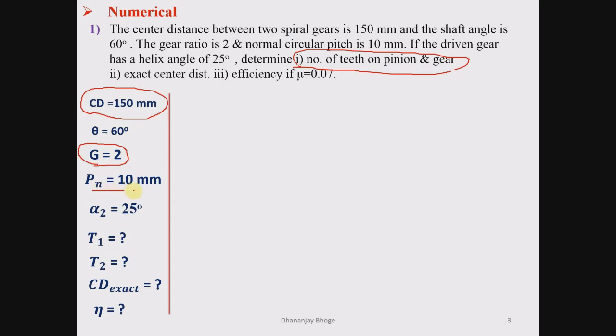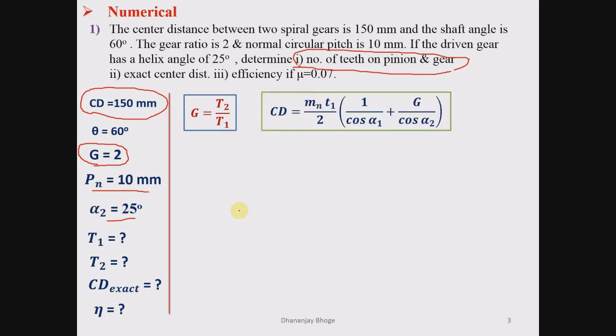Normal pitch is not in these equations. Transverse module is there, but let us see. Alpha 2 and T have no relation here. So let us make use of these two equations for gear ratio and center distance. Don't write now, we have to solve. G is equal to T2 by T1, right? And center distance is mn T1 upon 2, 1 upon cos alpha 1 plus G upon cos alpha 2. Now in this we will look for the known parameters.